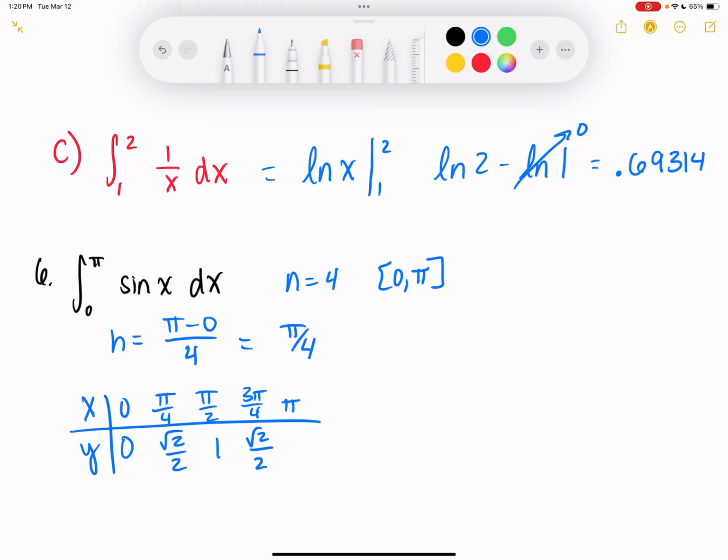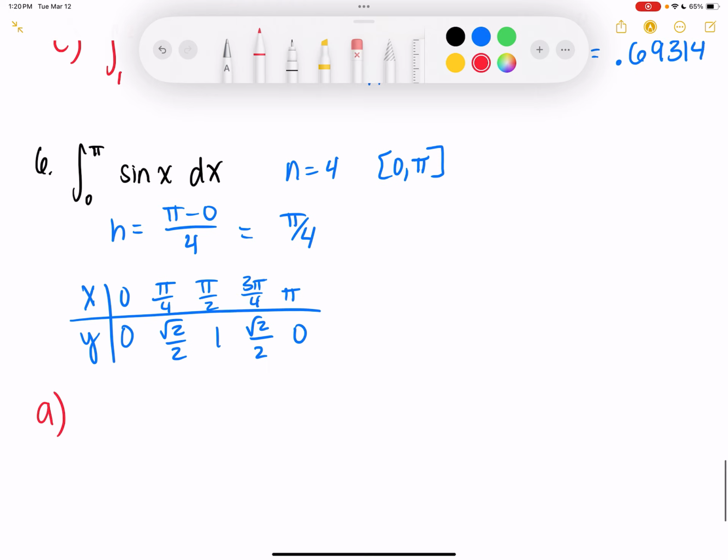All right, so notice the first and last terms of my trapezoidal rule are both 0. So that means everything going in the parentheses is going to end up being 2 times something. I'm going to write the zeros in so you see it, but you wouldn't normally need to. So, trapezoidal rule: pi over 4 all over 2 times 0 plus 2 times root 2 over 2 plus 2 times 1 plus 2 times root 2 over 2 plus 0.